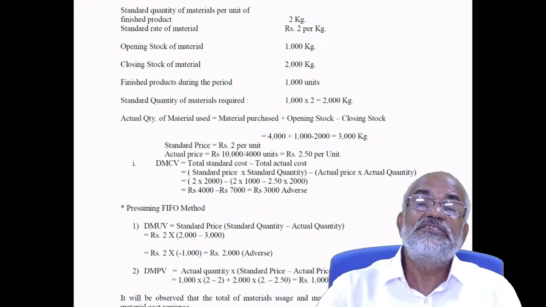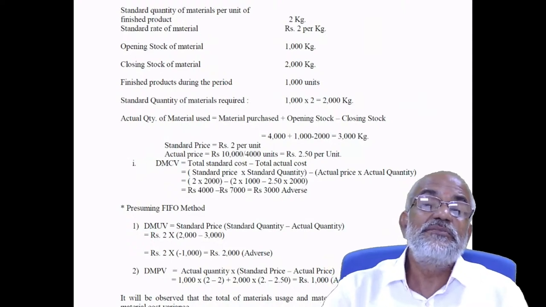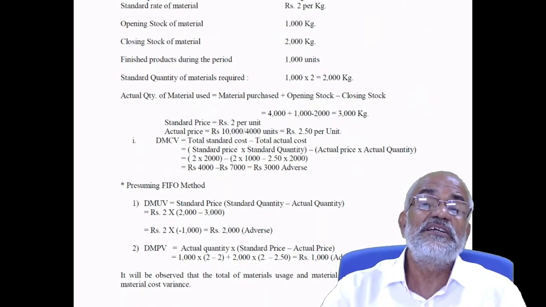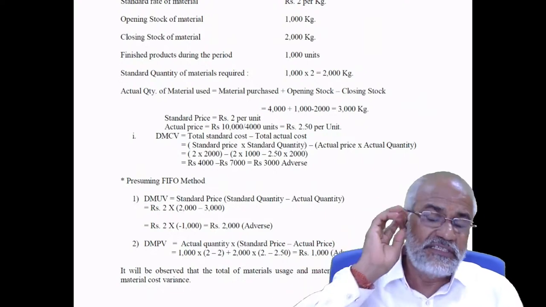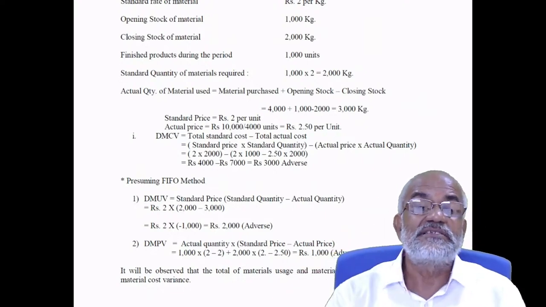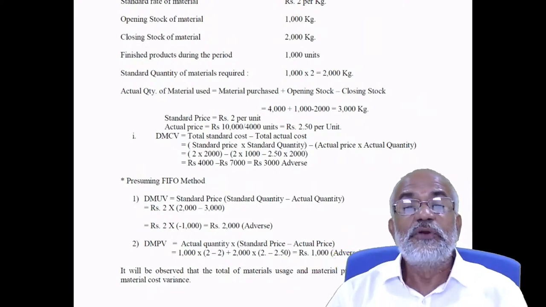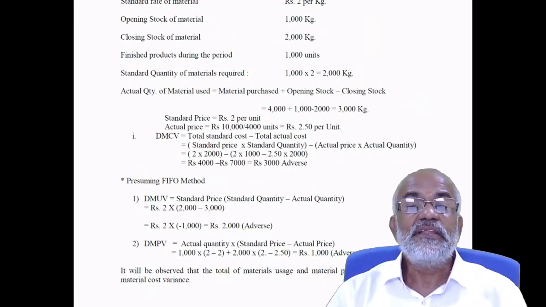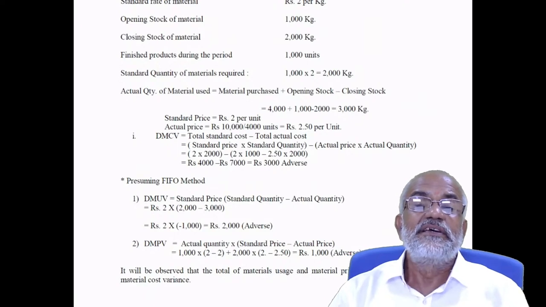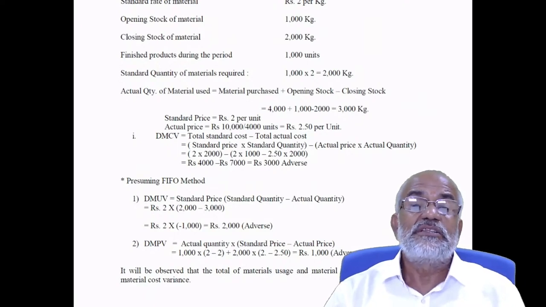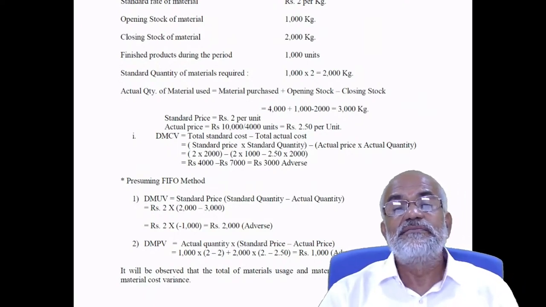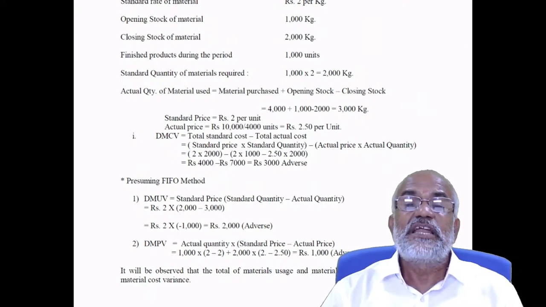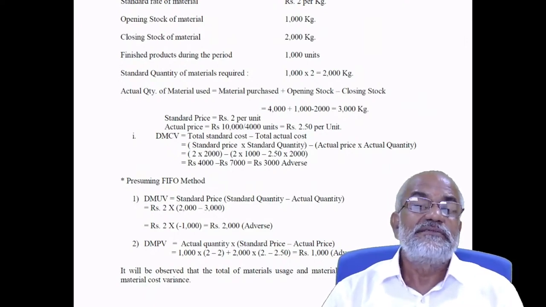Here the presumption is that the quantity has been consumed on the basis of the FIFO method, first in first out, and the net result is 3,000 adverse. When we compute the direct material usage variance, that is on account of quantity, the formula is standard price multiplied by standard quantity minus actual quantity.